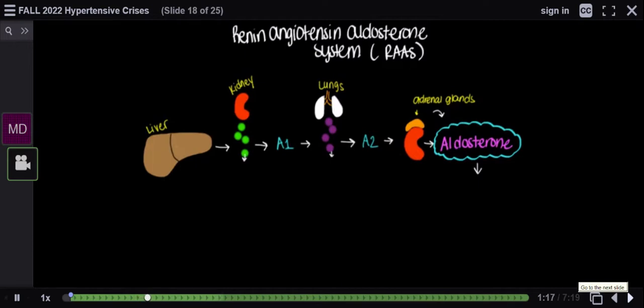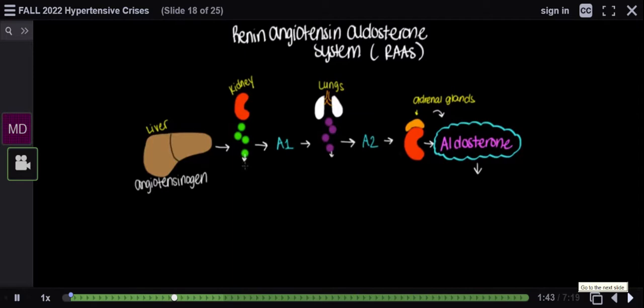Okay, and it does that with this whole kind of process of conversion and reactions. So let's begin with first thing first. Our liver releases a hormone called angiotensinogen. Now, when we're talking about hormone being released, we mean in the blood. So angiotensinogen is released, right?